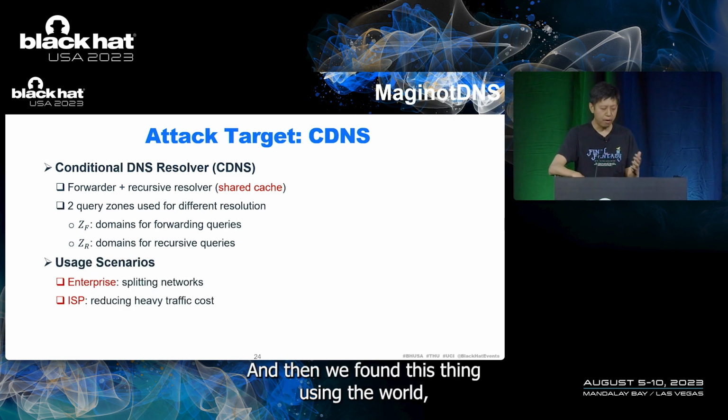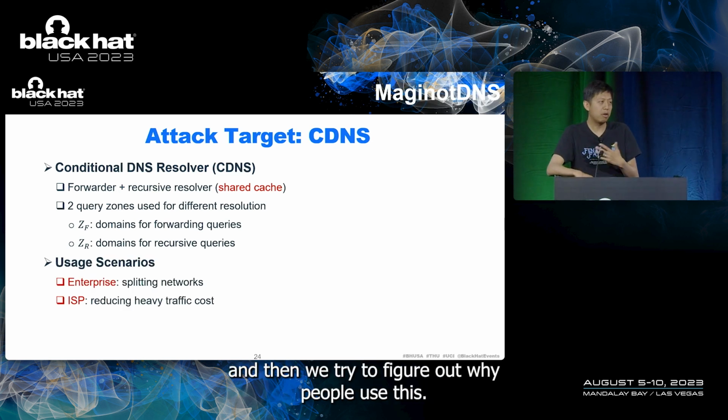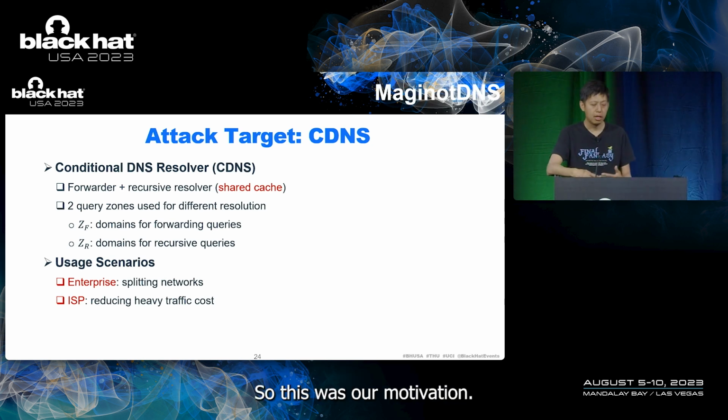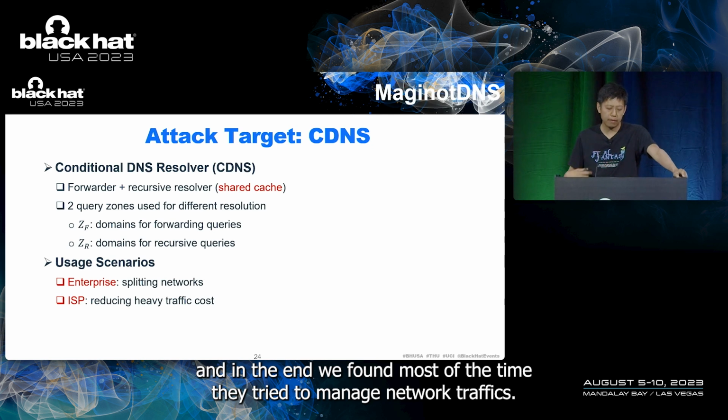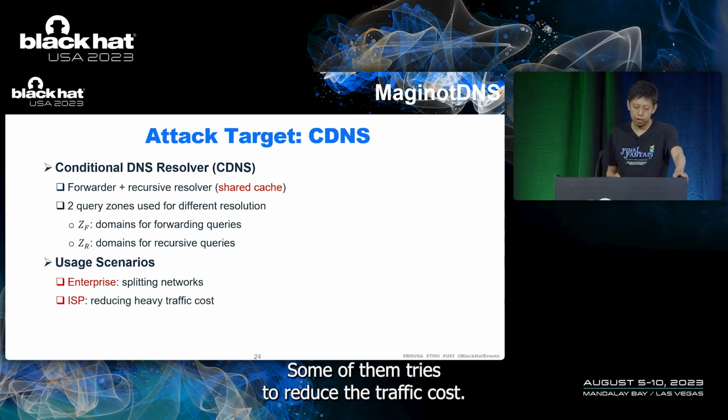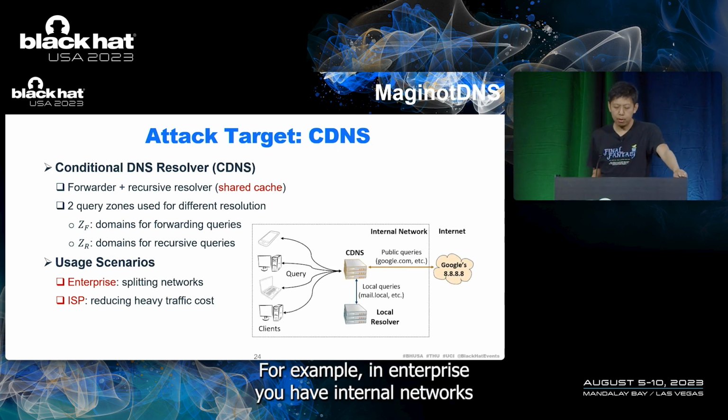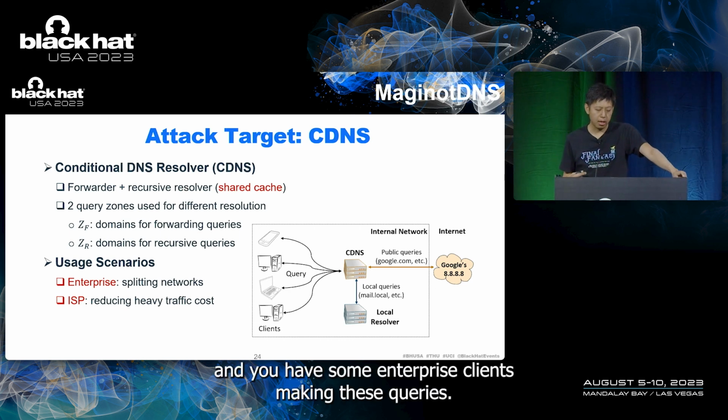And then we found this being used in the wild, and we tried to figure out why people use CDNS. What's the motivation? So we interviewed a few parties, enterprises and ISPs, and in the end, we found most of the time they try to manage network traffic. Some of them try to reduce the traffic cost. For example, in an enterprise, you have internal networks and enterprise clients making DNS queries.